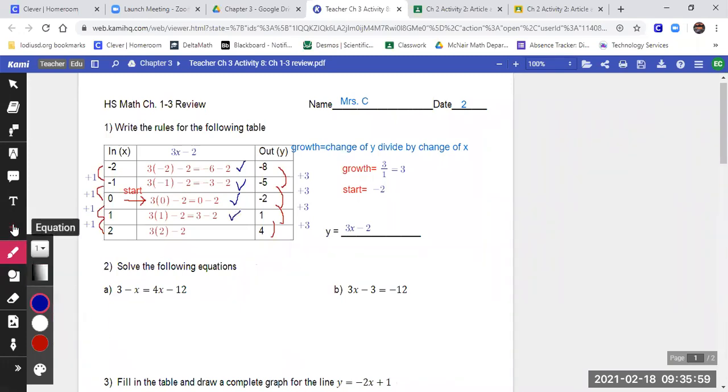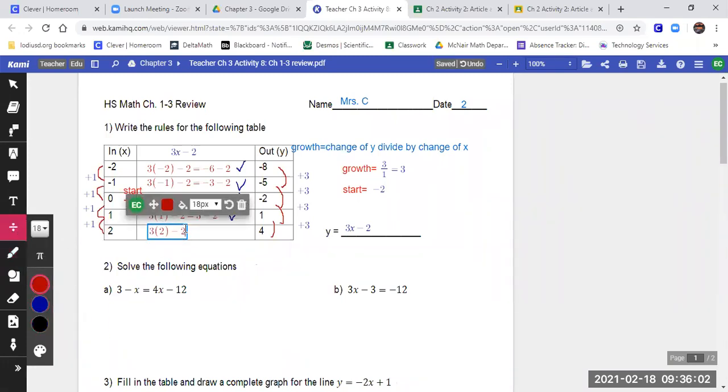So now we're on our next one. 3 times 2. What does that equal? Three times 2, guys, come on. 6.